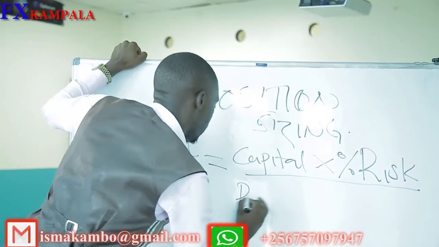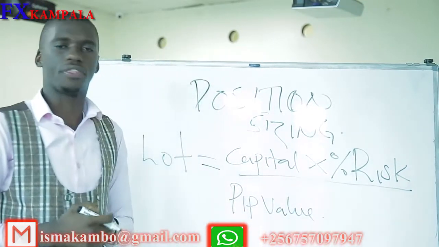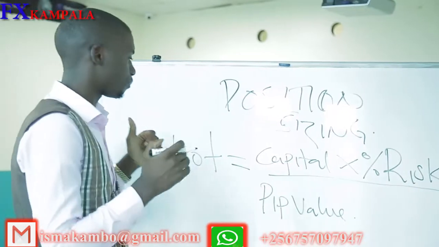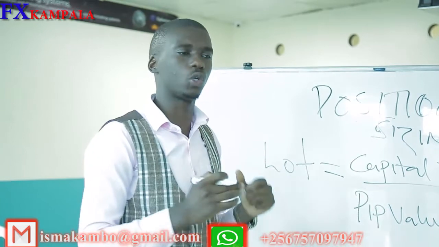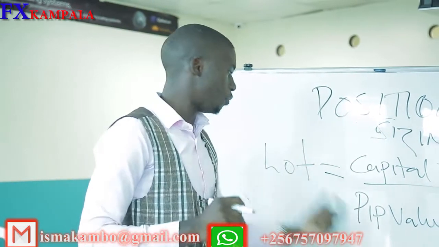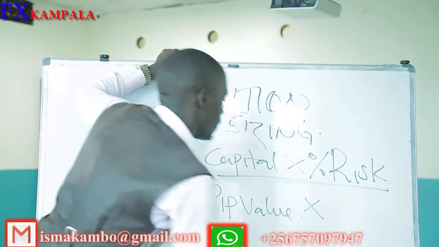I again go forward and look out for the pip value, because we all know that every currency pair that we're working with has a pip value. So I'm looking out for the pip value, then I'll also look at the pip distance.